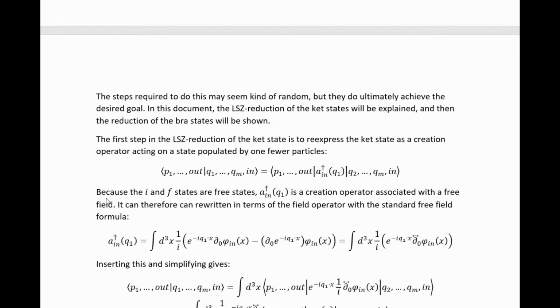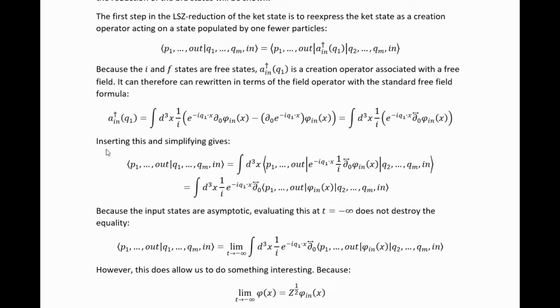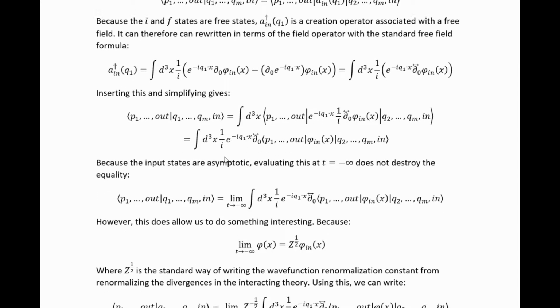Because the initial and final states are free states, a in dagger is a creation operator associated with a free field. It can therefore be rewritten in terms of the field operator with the standard free field formula, this one here. This formula here was derived in a video on quantizing the scalar field. Inserting this and simplifying ultimately gives us this. Specifically, insert it and then realize the states in the Heisenberg picture are time independent, so we can pull that out.